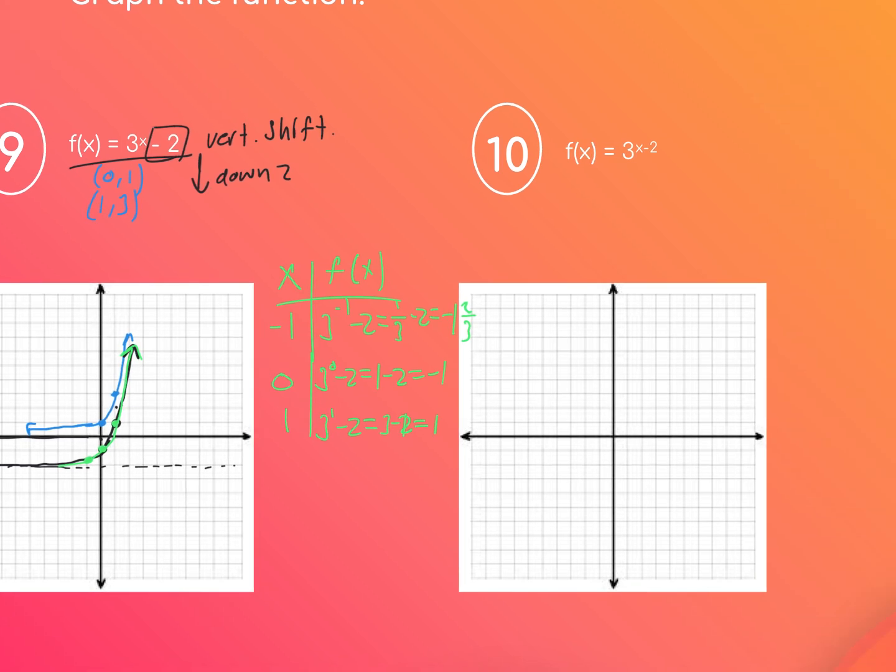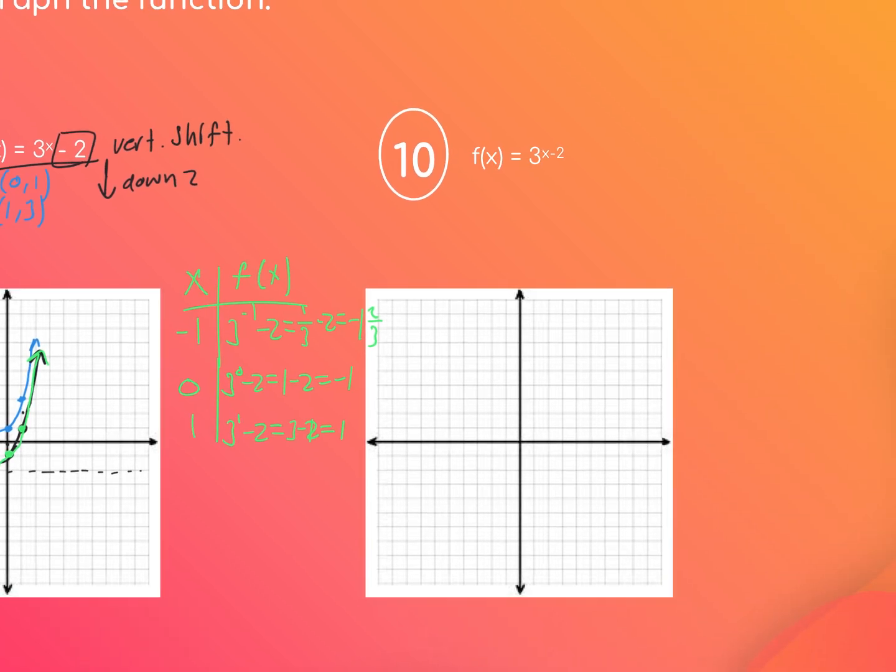All right, we could do the same thing with number 10. We have f of x is 3 to the power of x minus 2. Our shift now is going to be in the exponent, and in the exponent, we said that this was a horizontal shift. And horizontal shifts do the opposite of what we think they will. So if you see a -2, it's actually going to go to the right 2.